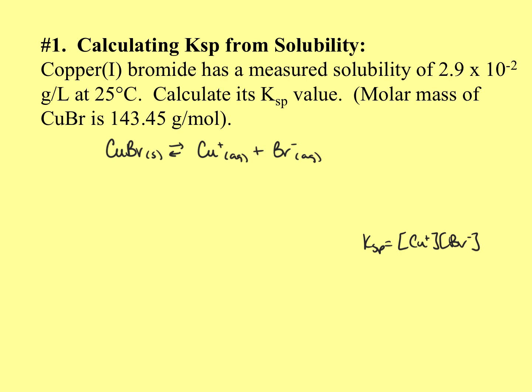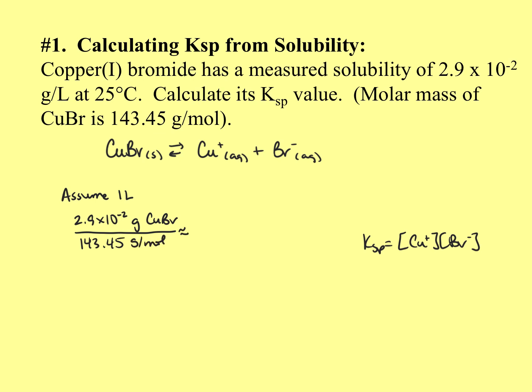Okay, so let's do this. We're going to assume that we have 1 liter. So we have 2.9 times 10 to the negative 2 grams of CuBr, and you're going to divide that by the molar mass, 143.45 grams per mole, to convert that to moles.